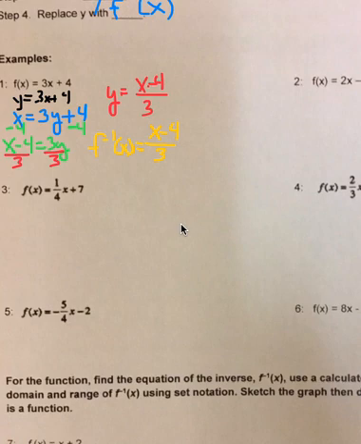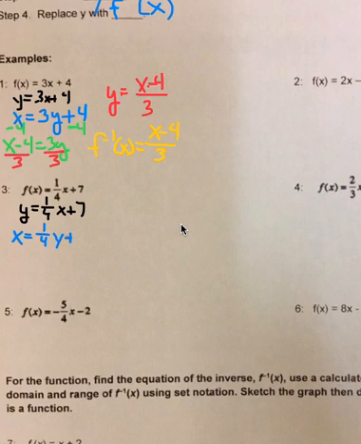I'm just going to do a couple of the examples. So I'm going to do 3 and 5 as well. I'm not going to do 2, 4, and 6. So with 3, we rewrite it y equals 1/4 x plus 7. Then I'm going to switch x and y. X equals 1/4 y plus 7. Then I'm going to solve.